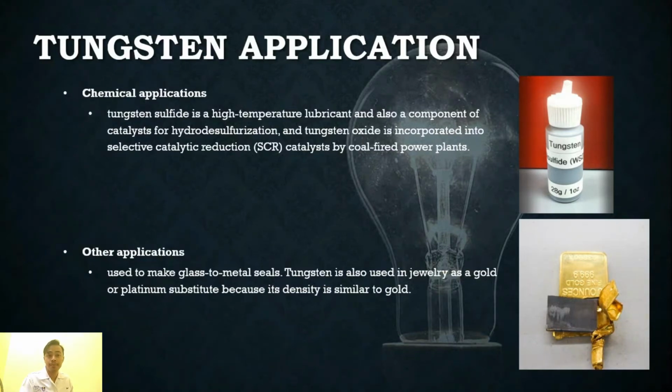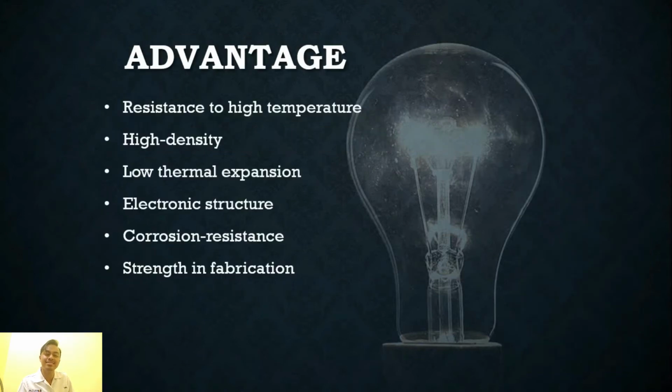For other applications, it is used to make glass to metal seals. Tungsten is also used in some jewelry as a gold or platinum substitute because its density is quite similar to gold.